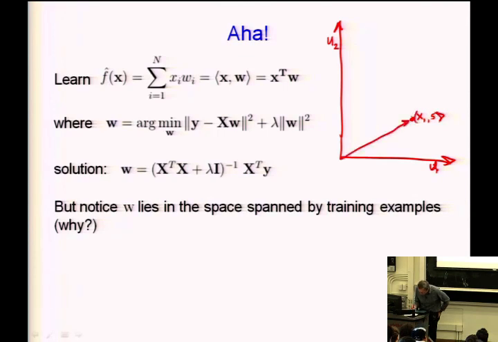That corresponds to a vector. Here's another training example, x2. Maybe it has training y value -9. It's another vector.